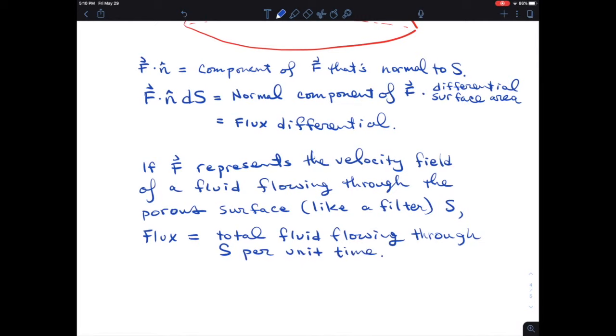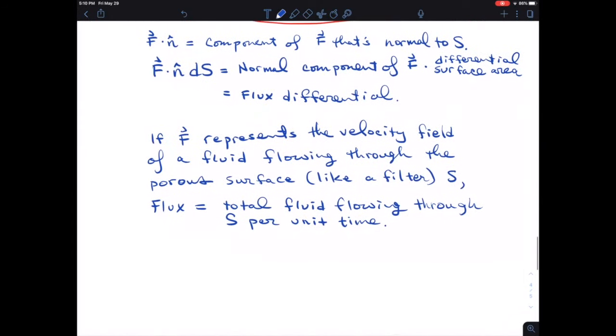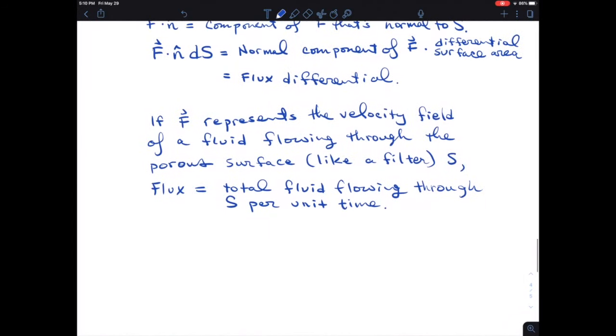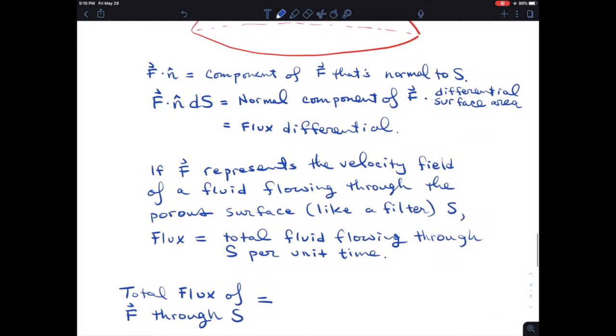Okay, so you've got this flux differential, F dot n dS, so total flux of F through S, you would just sum up on this flux differential.